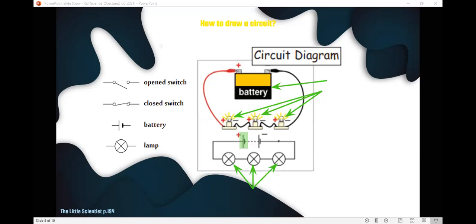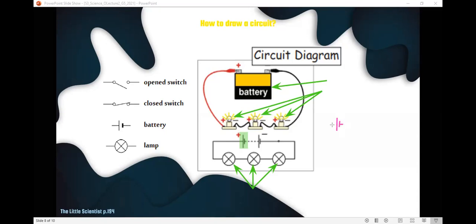Do you want me to draw something else? Let's take an example of a circuit with 2 light bulbs, an open switch, and 2 batteries. Ready? Yes. First I will draw 2 batteries.